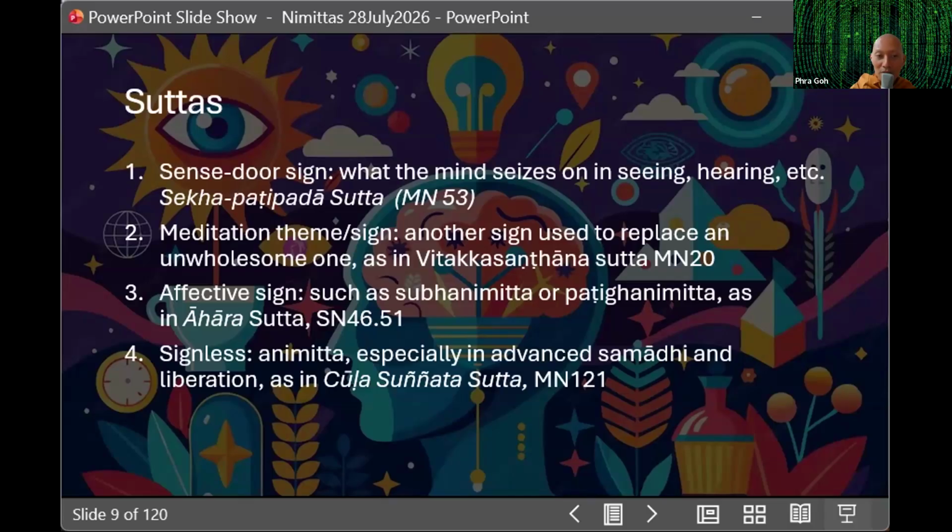In this Chula Shunyata Sutta, it mentions some of the differences between the Sutta practice and the Visuddhimagga practice. The Visuddhimagga will tell you that visualizing the nimitta helps the practitioner enter the first jhana onwards. That's the Visuddhimagga's point of view.